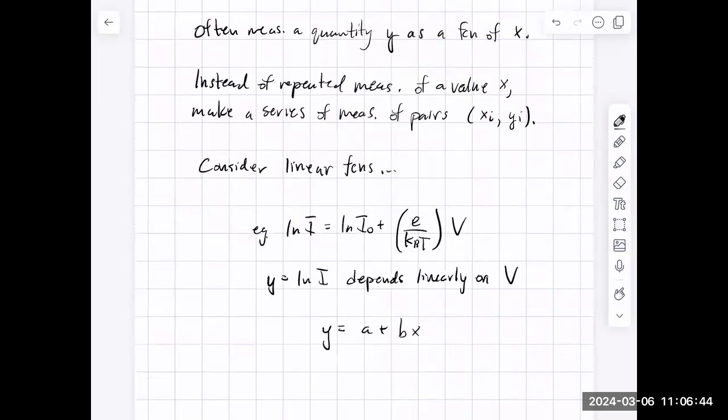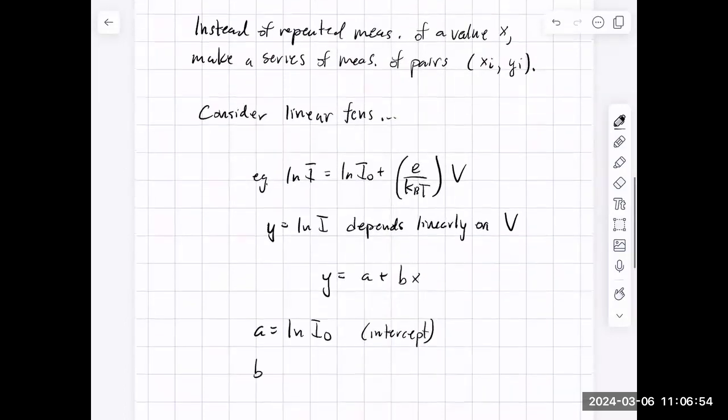So in our example, A, the intercept, would be ln of I naught, and B, the slope, would be E over KBT. In that particular experiment, we assume that we know the electron charge, and we measure the temperature, and so the slope allows us to find out the value of Boltzmann's constant Kb.